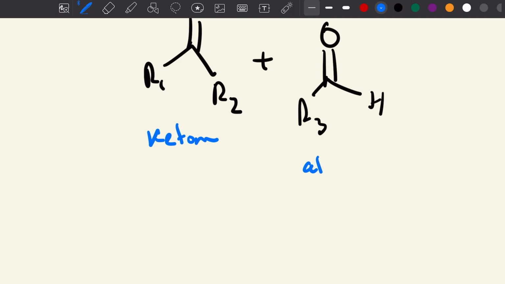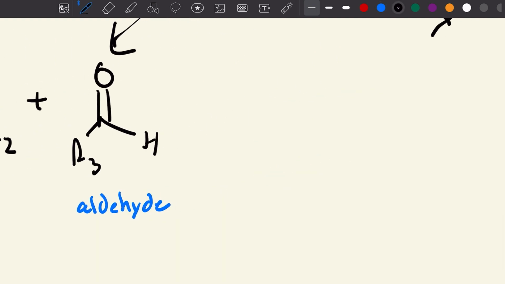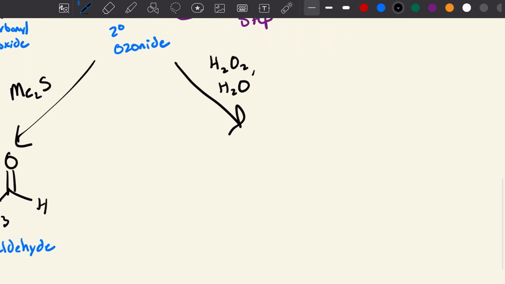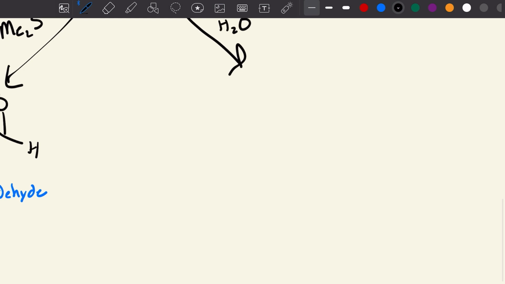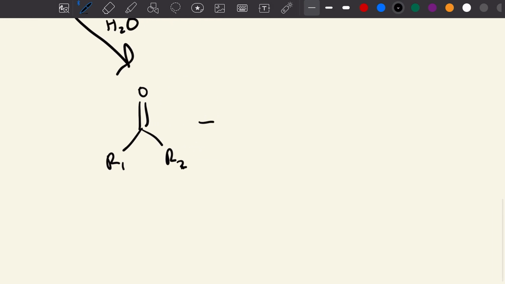Ketone, aldehyde. The products of the oxidizing second step is, of course, your ketone again, plus your carboxylic acid.